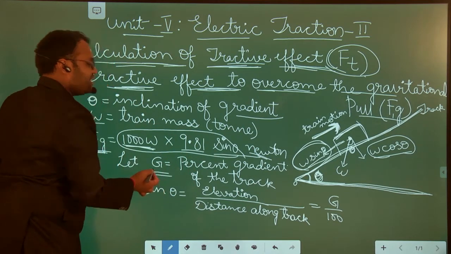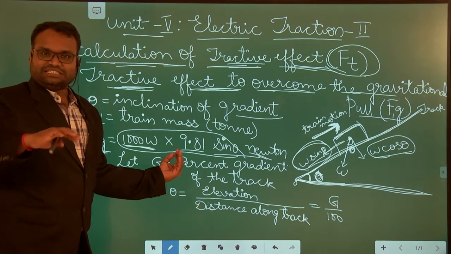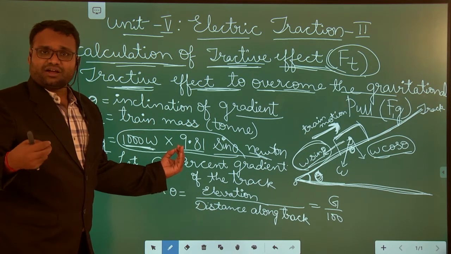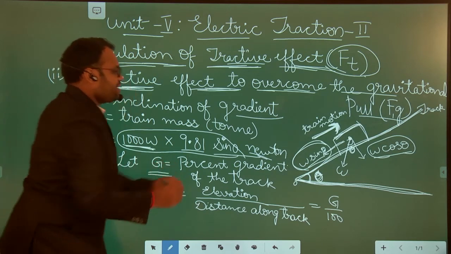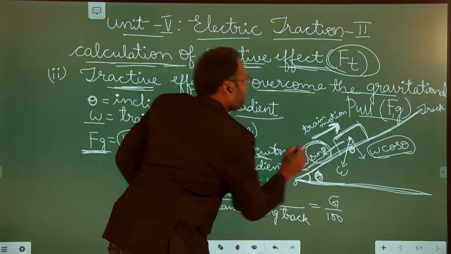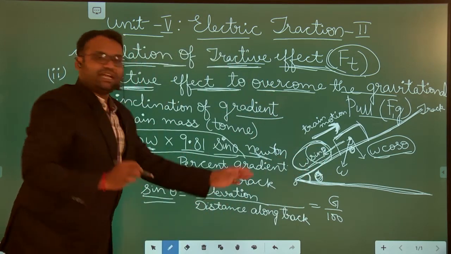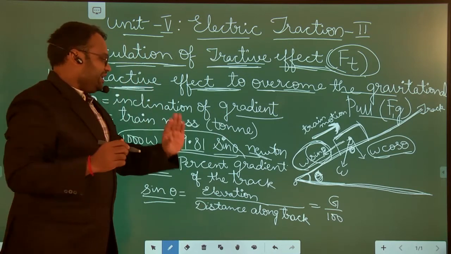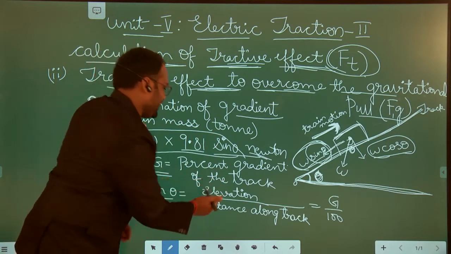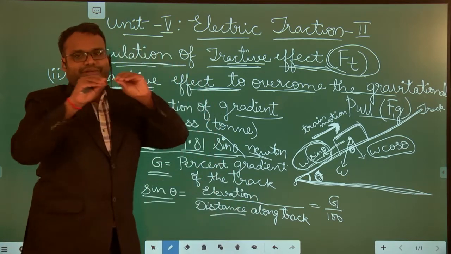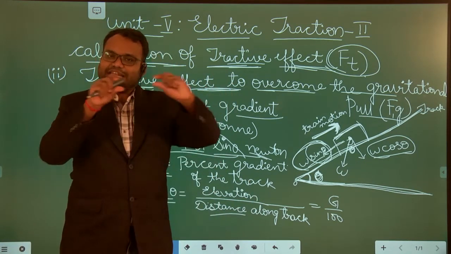We know that sine theta is the elevation, that is the gradient part, divided by the distance along the entire track.